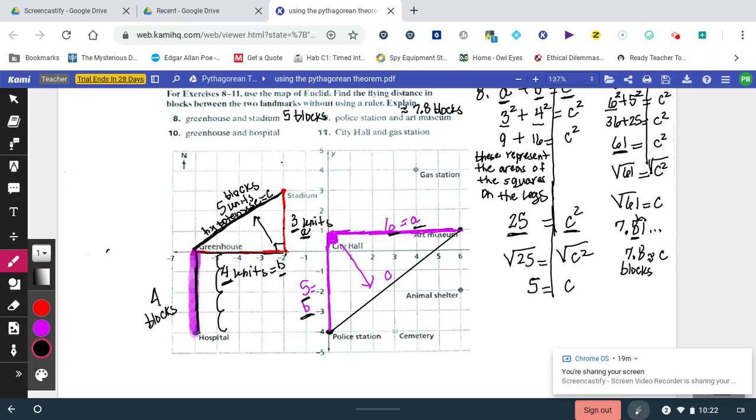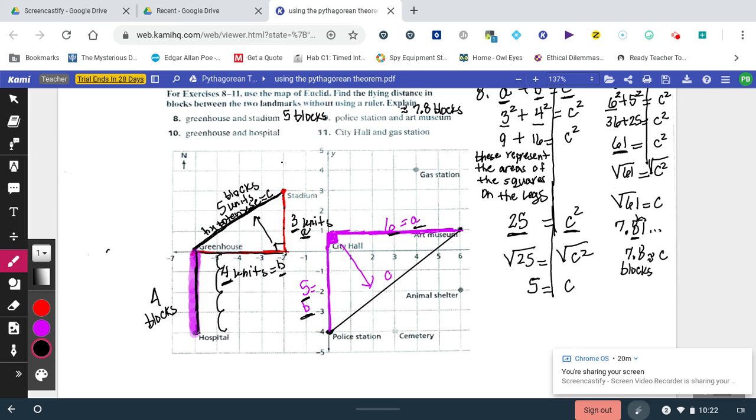Matter of fact, if you drew a right triangle, this would not represent C. It would represent a leg. So if your distance is vertical or horizontal, it's more like it's a leg itself. Just count it. 1, 2, 3, 4. But if your distance is the hypotenuse, draw a right triangle on it so you can get the leg.